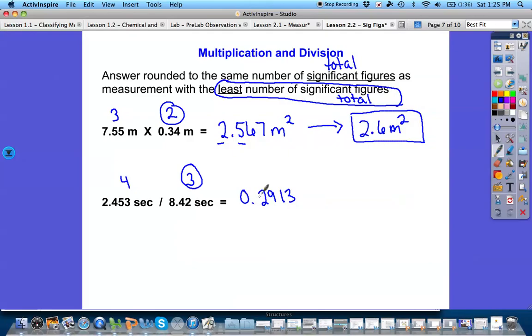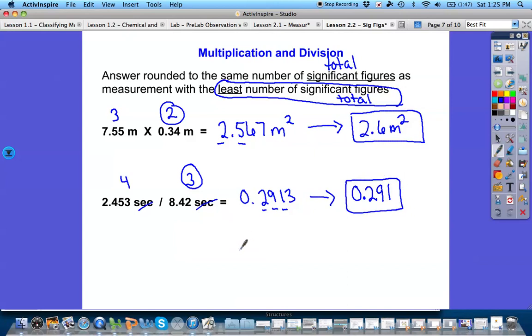But we only need 3 sig figs, so 1, 2, 3. This is less than 5, so we're going to round this to 0.291. And since we're dividing, the seconds actually cancel out. It's just a ratio, so we don't need any units on that number.